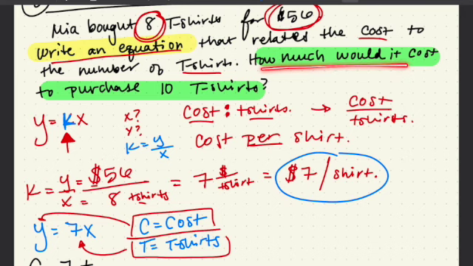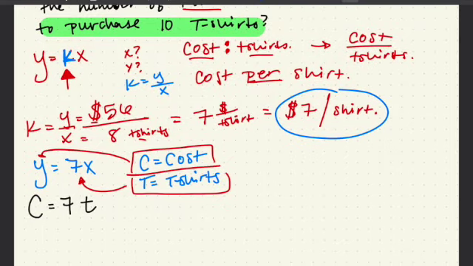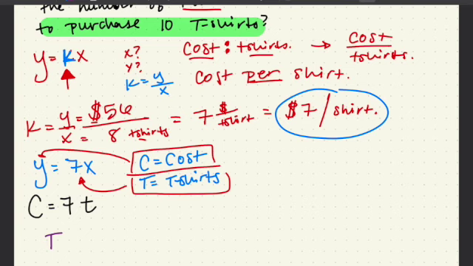Okay, now the second question is asking, how much would it cost to purchase 10 t-shirts? Well, I know that I want 10 t-shirts, so t-shirts is going to be 10. Now I'm just going to put that right into this equation. C is equal to 7t.